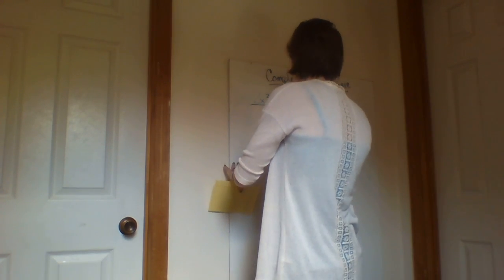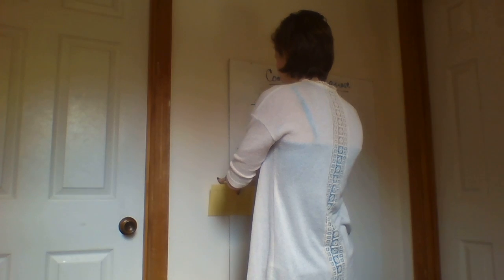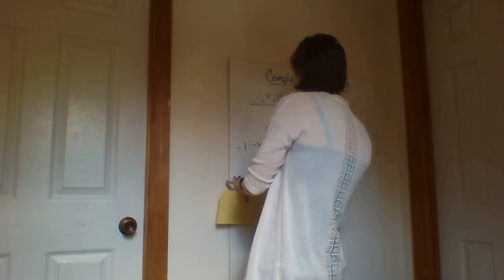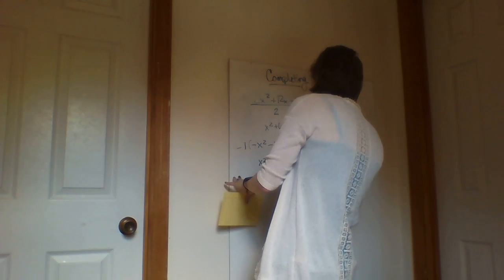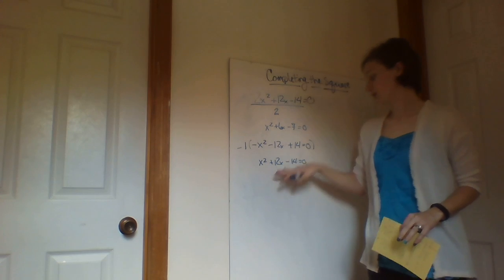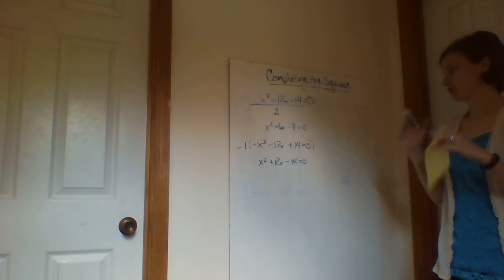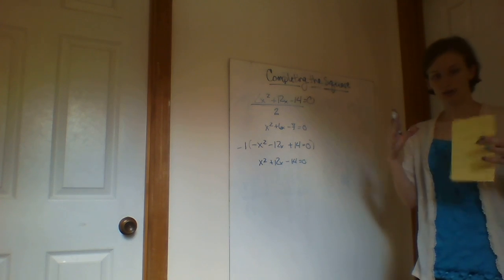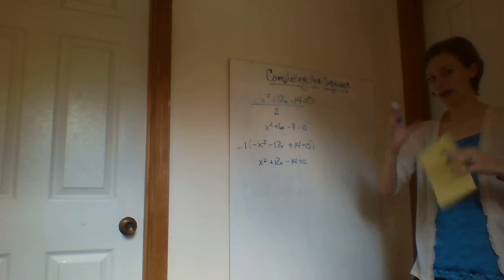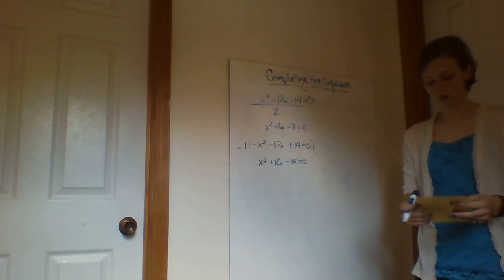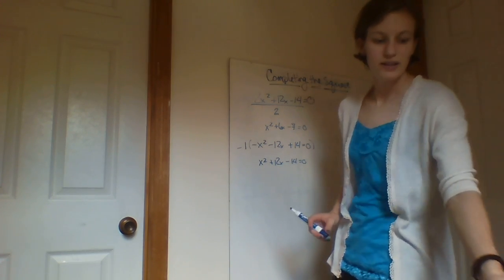So what we do is we take the whole equation and multiply it by negative 1, which gives x squared plus 12x minus 14, all of that equals 0. And then you'll go through your steps again, get your value for completing the square, and then from there you can do your math and find your values for x's. So that's all I have for today.